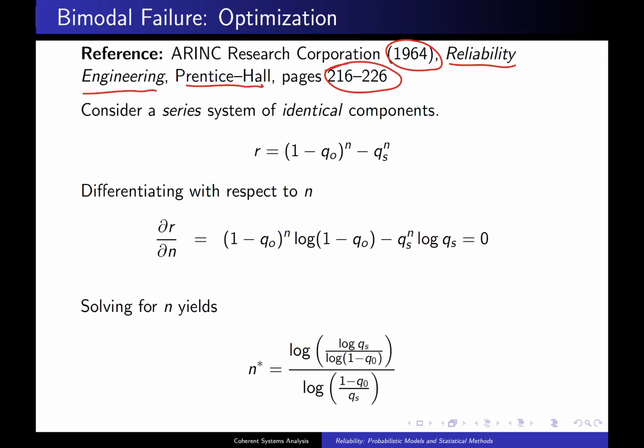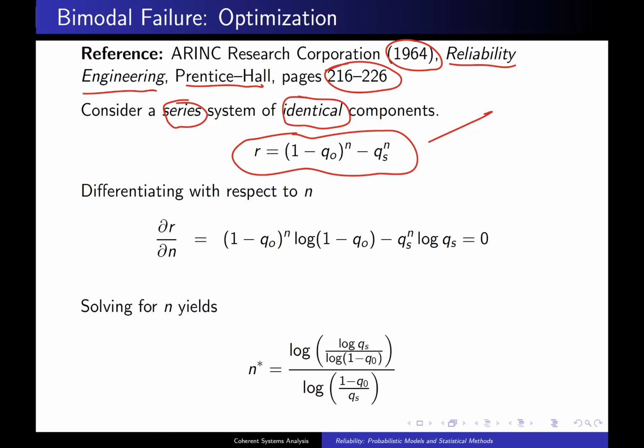And what they're trying to do is they're saying, look, if you have a series system of components, and we did that 2 slides ago, and you make the further assumption that all of those components are identical, then their question is, what is the number of components? In other words, they want to find the number of components n that maximizes this quantity right here.